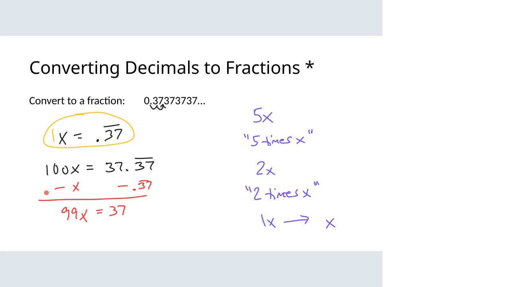And then down here, when I subtract x, what I'm subtracting is 1x. And so I had 100x, I subtract 1x, so now I have 99 of them left over. Okay, perfect. Last thing to do here is divide both sides by 99. Those cancel. And so 0.37 repeating as a fraction would be 37 over 99.